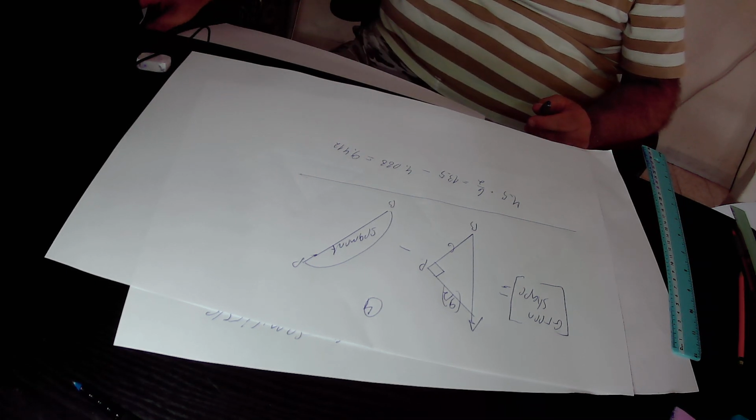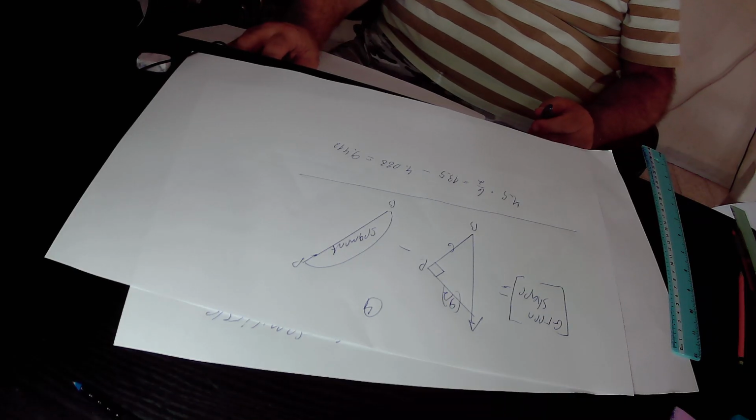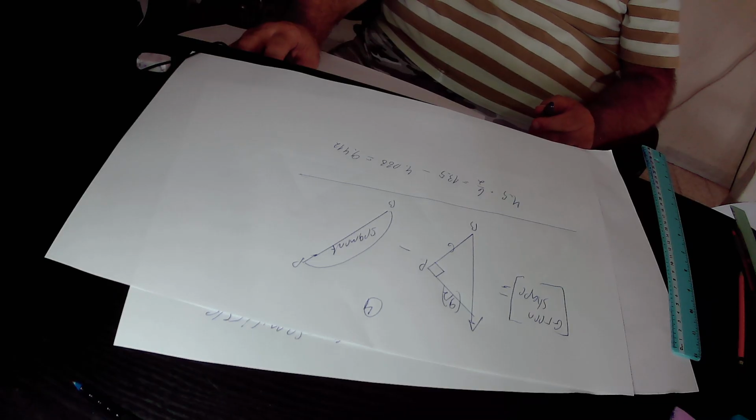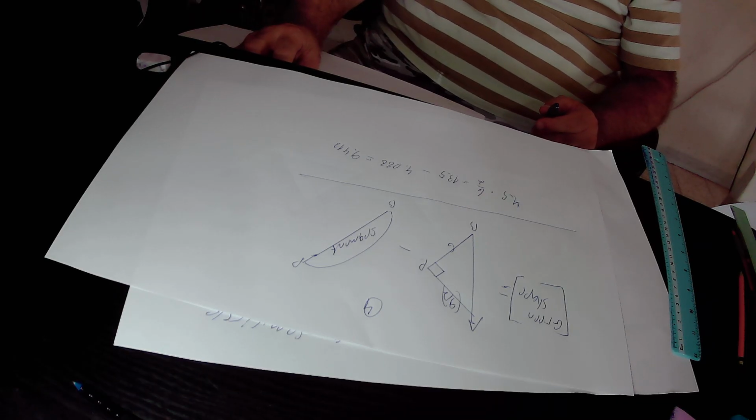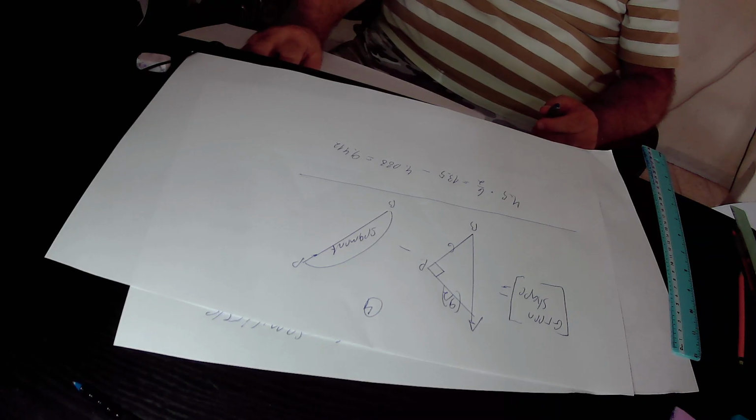So, check that I didn't make any mistake here. 13.5 minus 4.088 is equal to 9.412 square units.